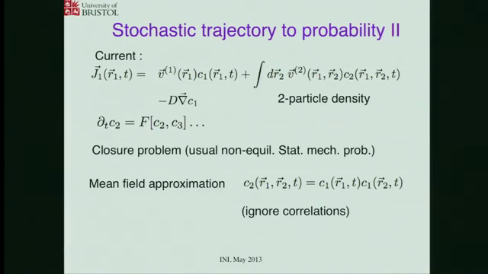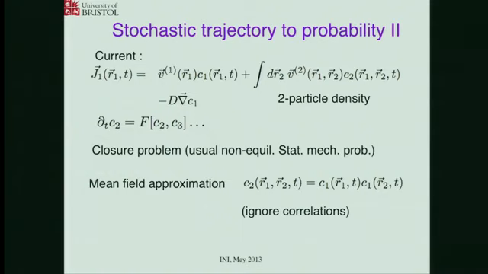This conservation law has three terms. The first term comes from the driving of one of these objects. The second term comes from the interactions with the others, and hence requires a two-particle density.